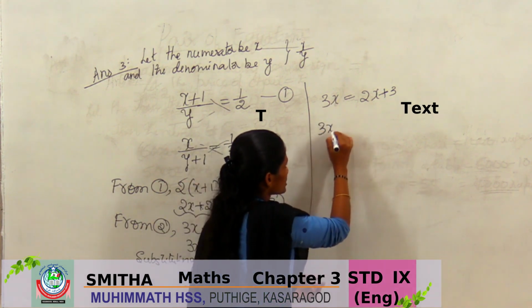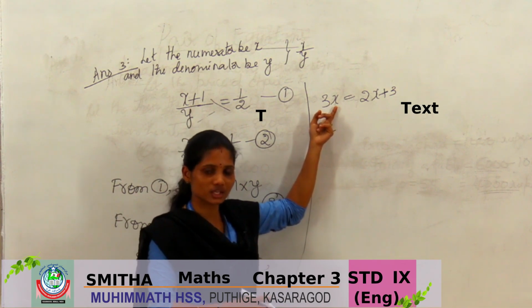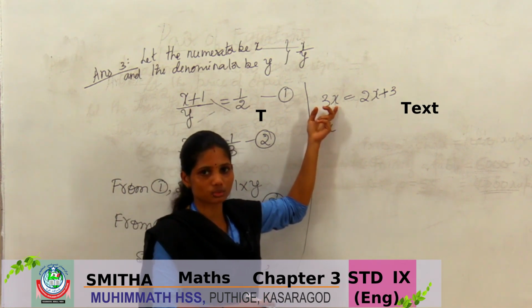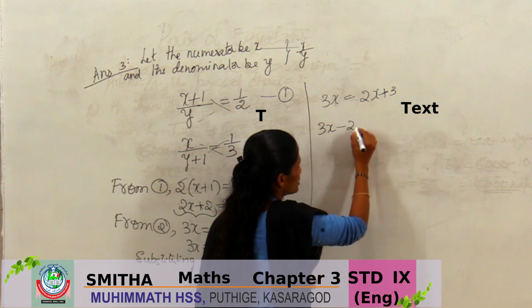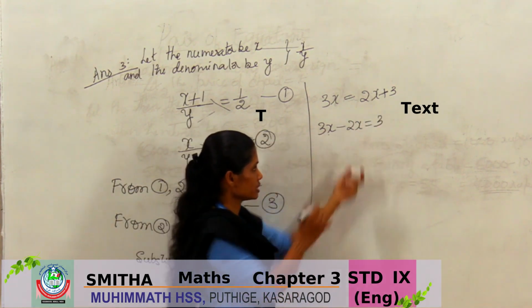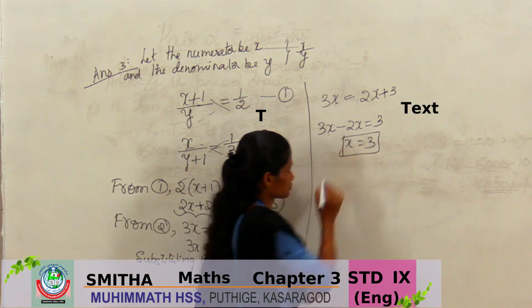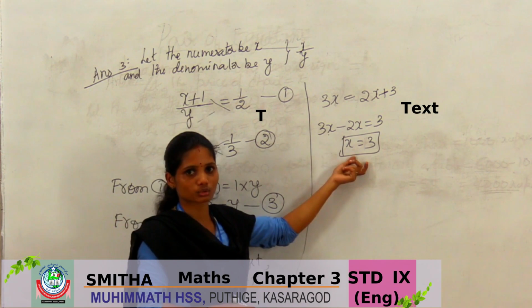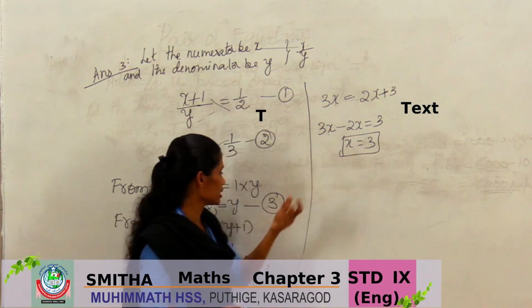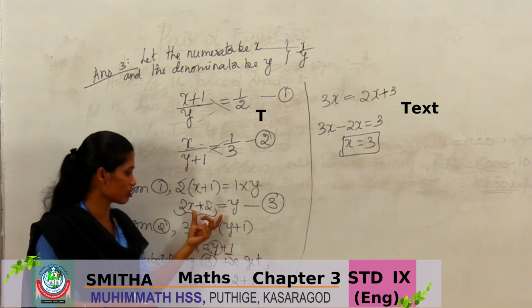So 3x, transposing 2x to the left hand side, the sign changes to minus 2x, equals 3. 3x minus 2x, that is 1x, or x equals 3. We got x equals 3. Now what is y? We will substitute that in the third one to find the value of y.